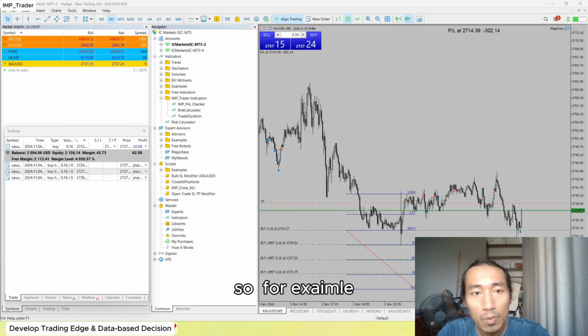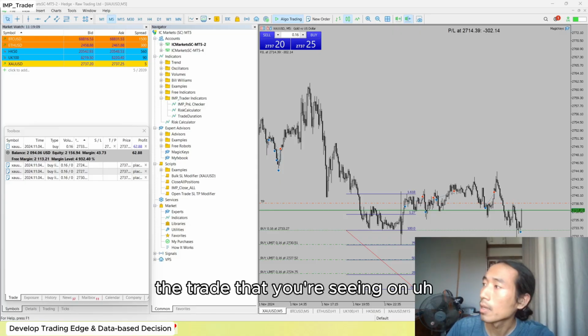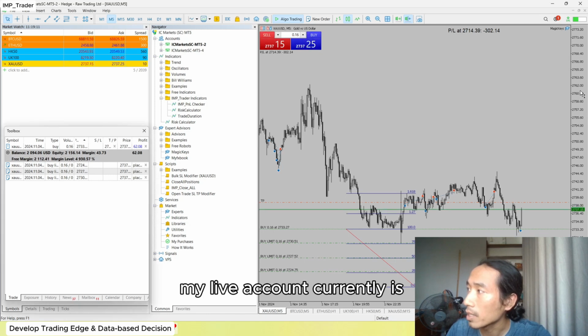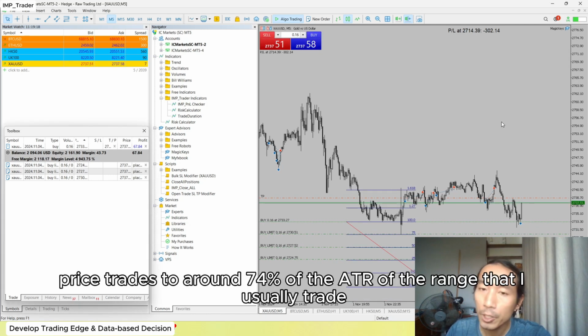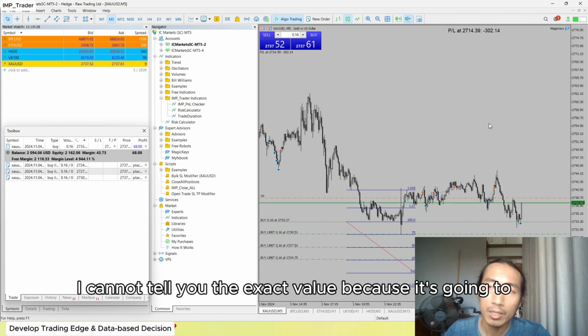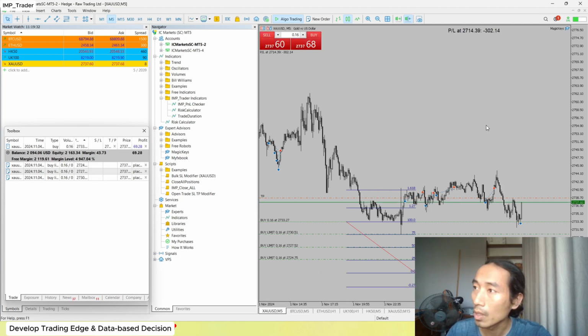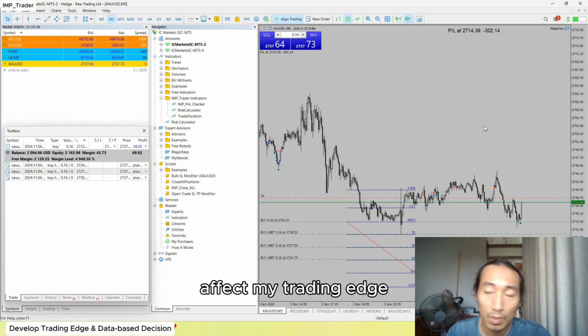So for example, the trade that you're seeing on my account currently is that price traded to around 74% of the ATR of the range that I usually trade. I cannot tell you the exact value because it's going to affect my trading edge.